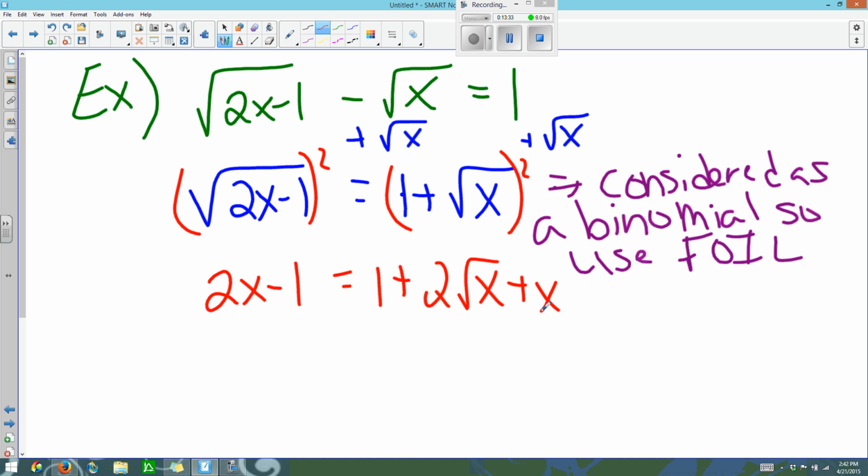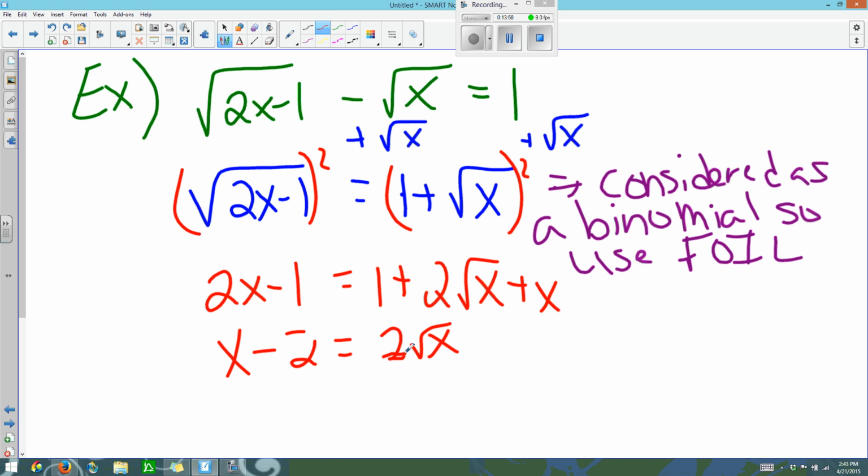Okay, all right. And then you can combine like terms this way by subtracting the x and subtracting the 1 to both sides. And you'll get, okay, so you'll get x minus 2 equals 2 square roots of x.